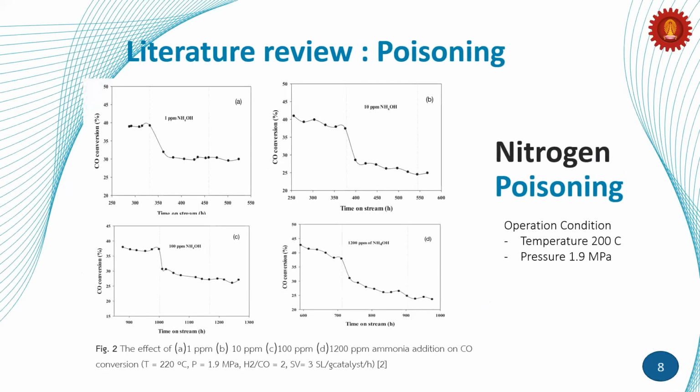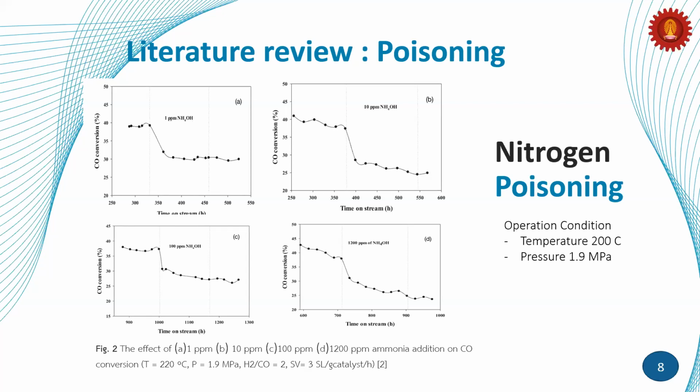For nitrogen poisoning, little is known on the effect of nitrogen contaminant-containing compounds, and the available information is mainly found in patents. DVNS investigated the effect of ammonia, cyanide and NOx by addition of 110, 100, and 1200 ppmW.